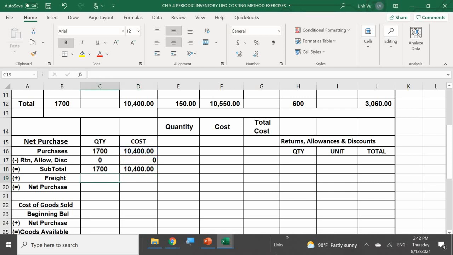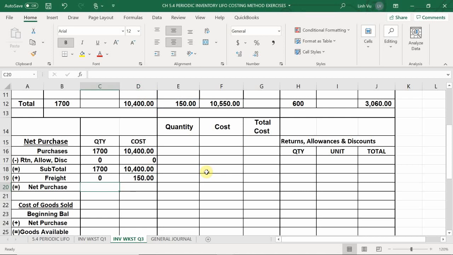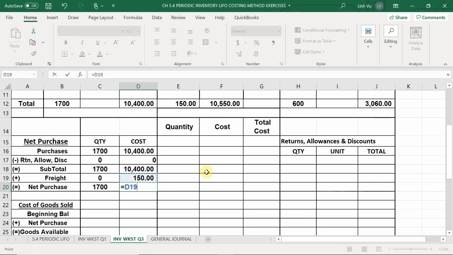Our freight does not change our quantity, but it does change our cost, which in this case was $150 for freight. So let's add up our totals here. I have 1,700 at a total of 10,550.